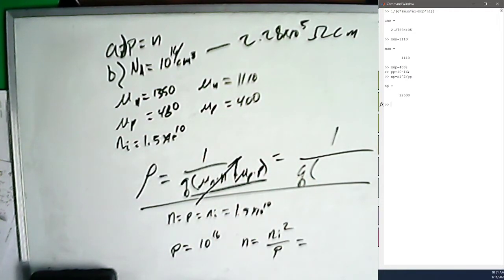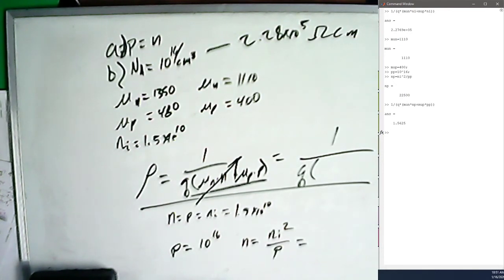I will calculate it both ways, and you can tell me which one you'd rather calculate. As I go through this in the little MATLAB window, 1 divided by q times mu n times np plus mu p times pp. So 1.5625 ohm.